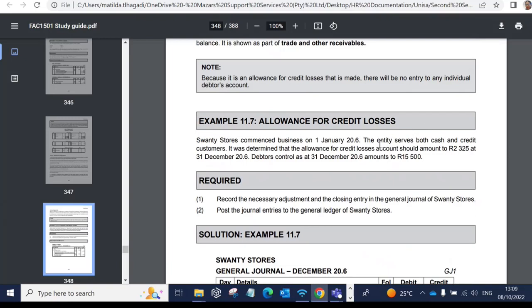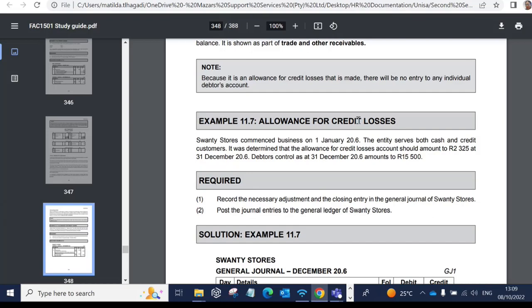So, do you understand what an allowance for credit losses is? Yeah. Basically, the company needs to make adjustments for possible debtors who will not be able to pay the company.